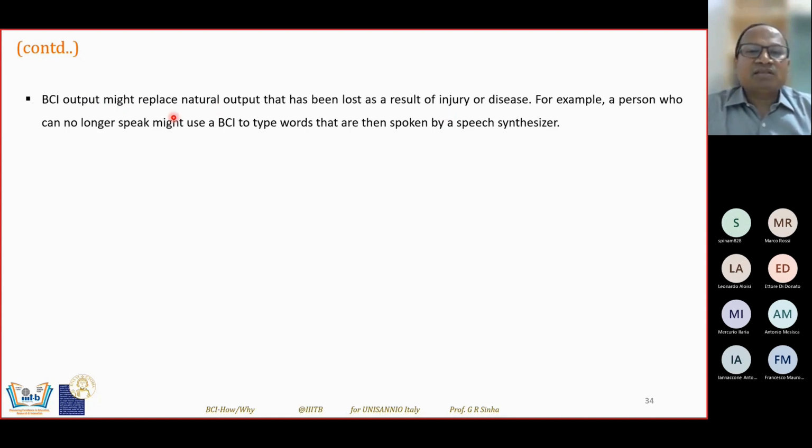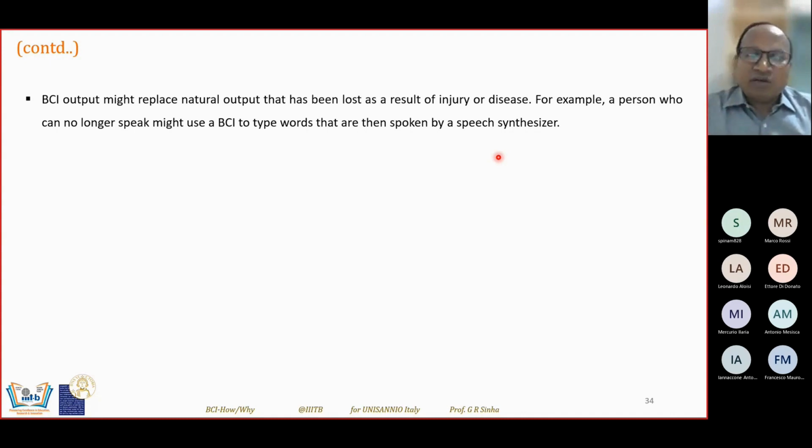What is the meaning of replace? That has been lost as a result of injury or disease. For example, a person who can no longer speak might use a BCI to type words that are then spoken by a speech synthesizer. These days, we have text-to-speech converters. So how can BCI help? Say the person has lost the speaking capability. The person can understand, and can just type what he is not able to express, and then it comes out as speech.